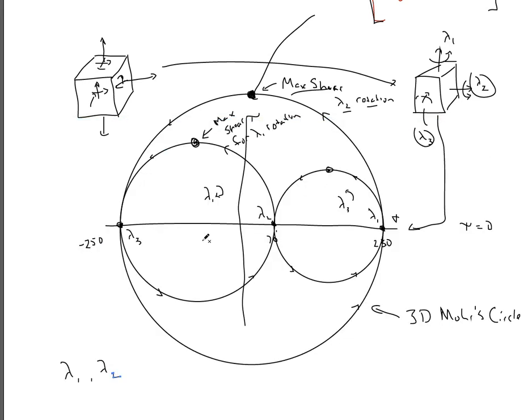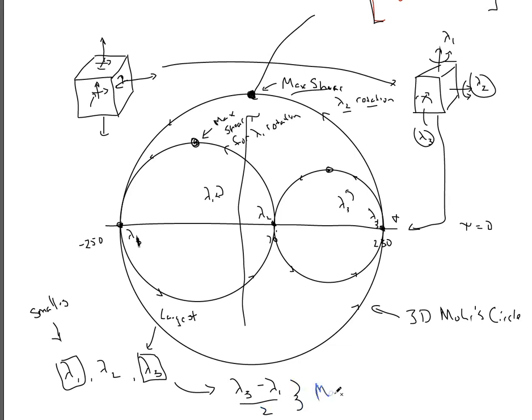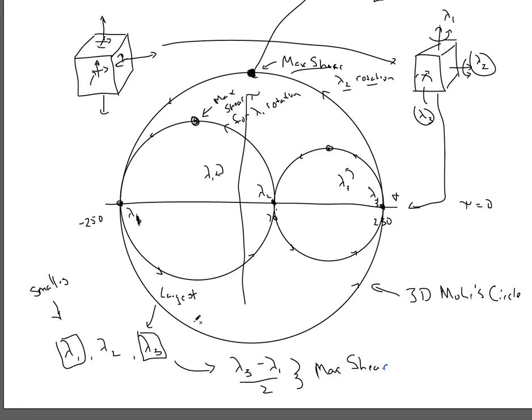This should have been lambda 1 to lambda 3. So this is going to be our smallest, and this is going to be our largest. As we rotate around lambda 2, these are the two that are going to be the farthest away from each other. So our maximum shear condition just ends up being lambda 3 minus lambda 1 divided by 2. And for an isotropic solid, that's really the only one I care about.